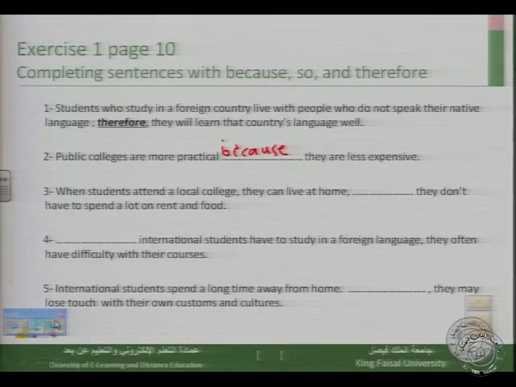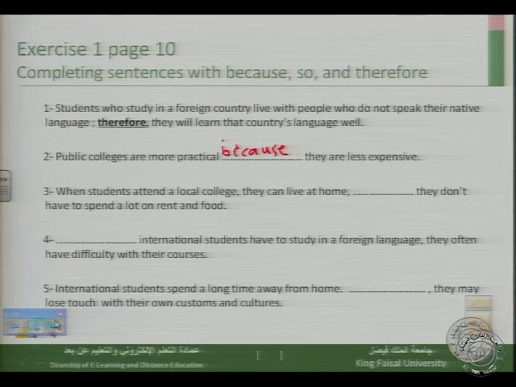In example number 3, we have: when students attend a local college, they can live at home, comma, blank. They don't have to spend a lot on rent and food. What do you think here? Is it a relation of cause and reason, or a relation of effect and result? We read the sentence another time. When students attend a local college, they can live at home, comma. They don't have to spend a lot on rent and food.